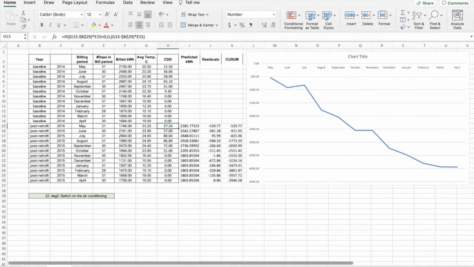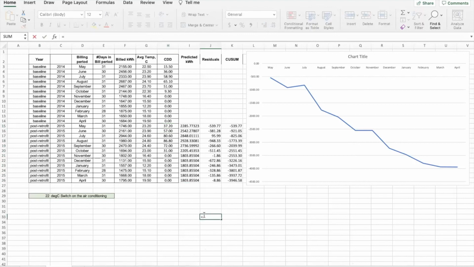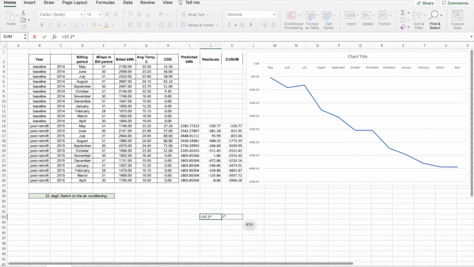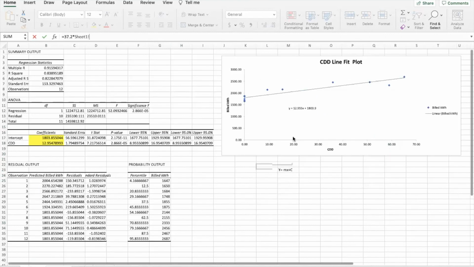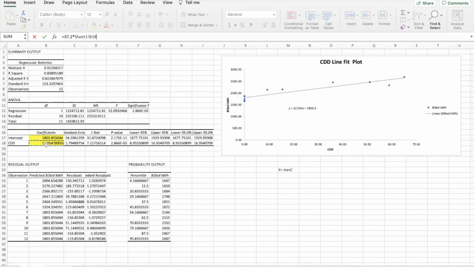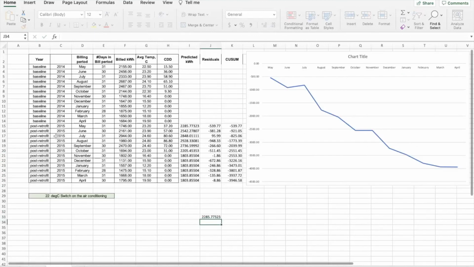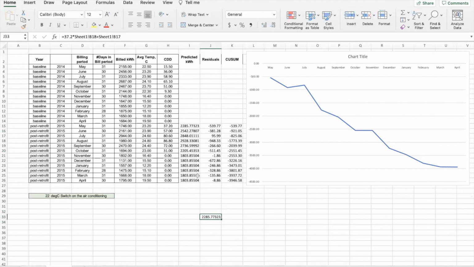We put 37.2 times this value and plus this value, and we obtain this predicted value. Okay. Got it. Thank you. Okay, you're welcome.